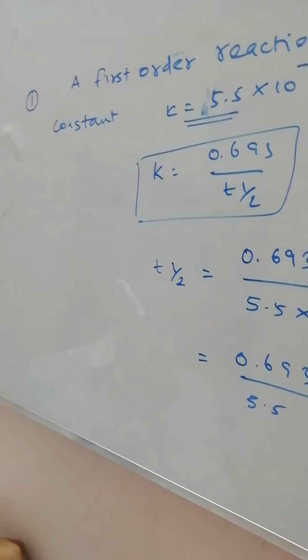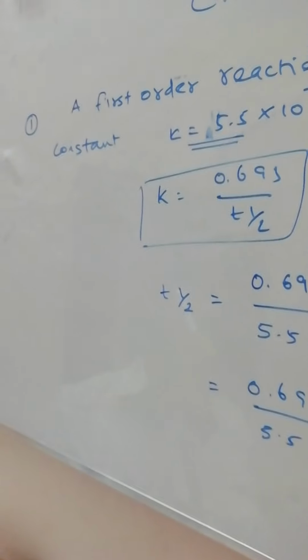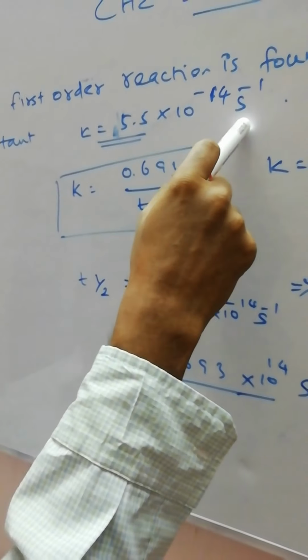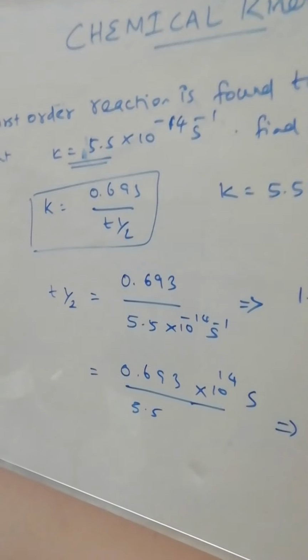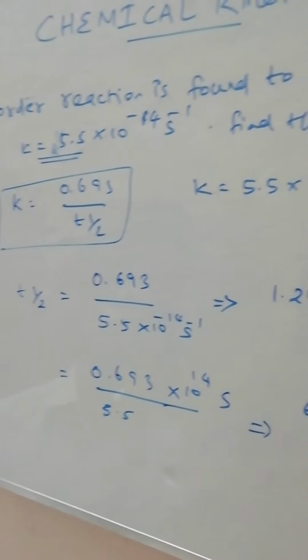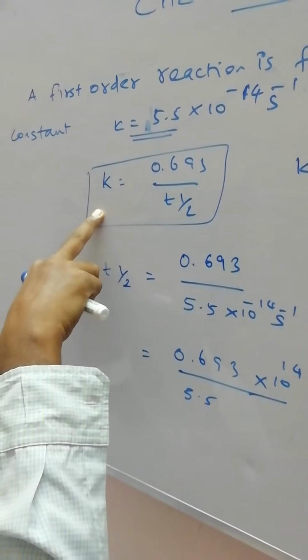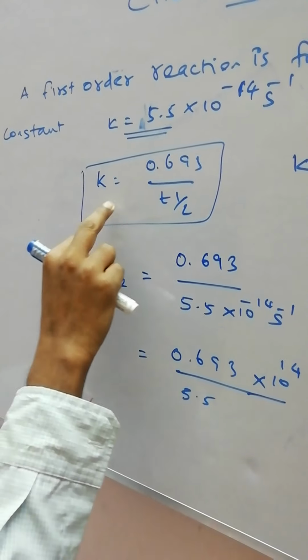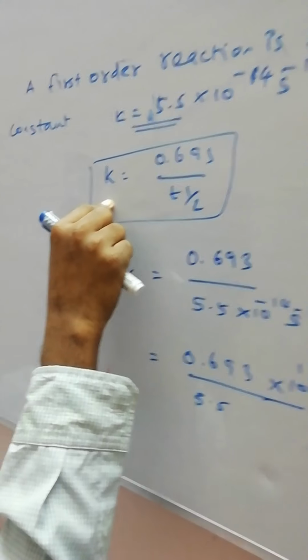If the first order reaction is found to have a rate constant k equal to 5.5 into 10 to the power minus 14 second inverse and they ask to find the half-life period, we have to write the rate equation for half-life period, k is equal to this, already derived in the previous class. So we have to write the correct formula.